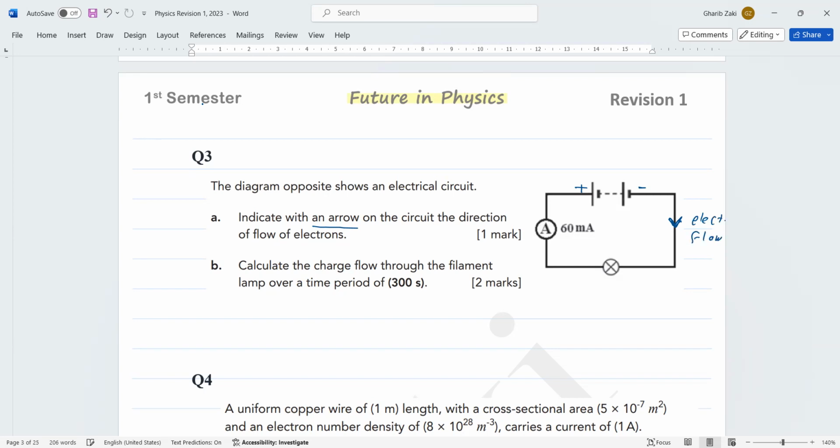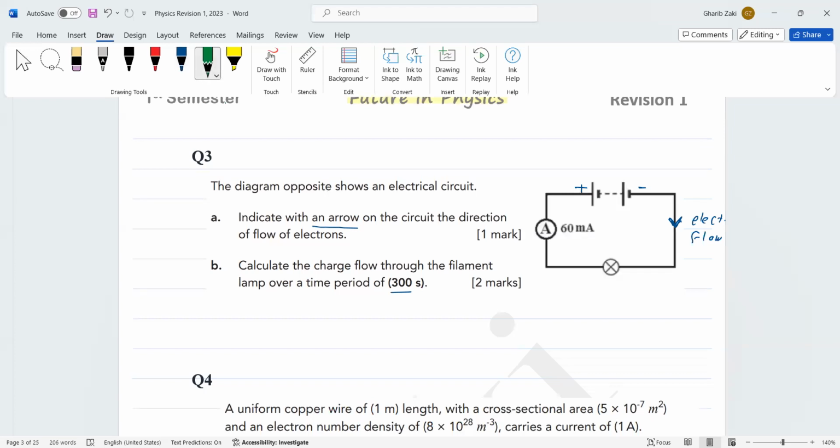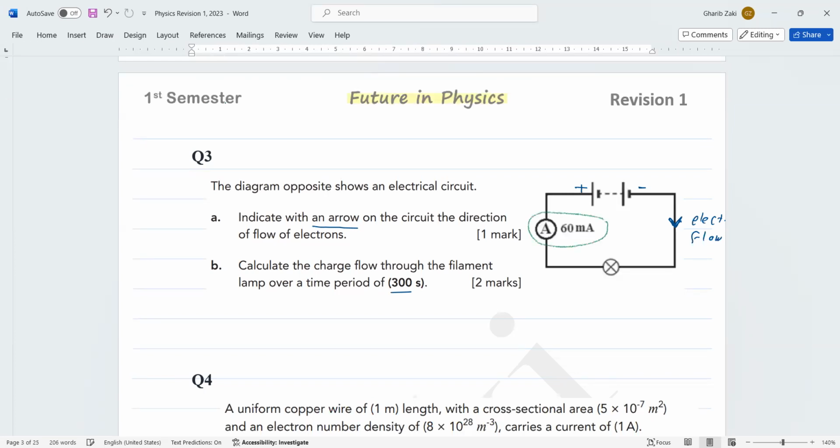Now, in part B, it says calculate the charge flow through the filament lamp over time 300 seconds. What are the givens? The current is given, which is 60 milliampere. We convert it to ampere, multiply by 10 to the power negative 3. And the time is 300 seconds.